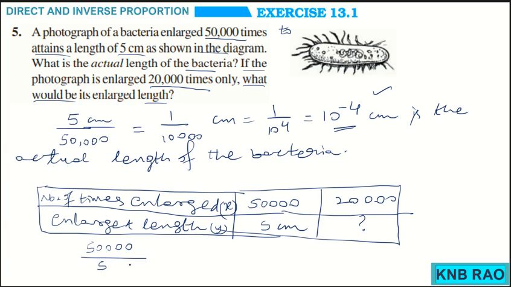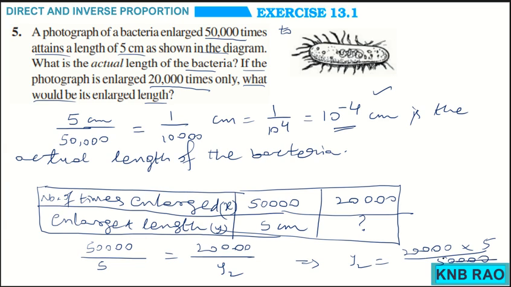So, 50,000 by 5 equals 20,000 by y2. It implies y2 equals 20,000 into 5 by 50,000. So, 4 zeros get cancelled, 5 gets cancelled, and we get 2 centimeters.